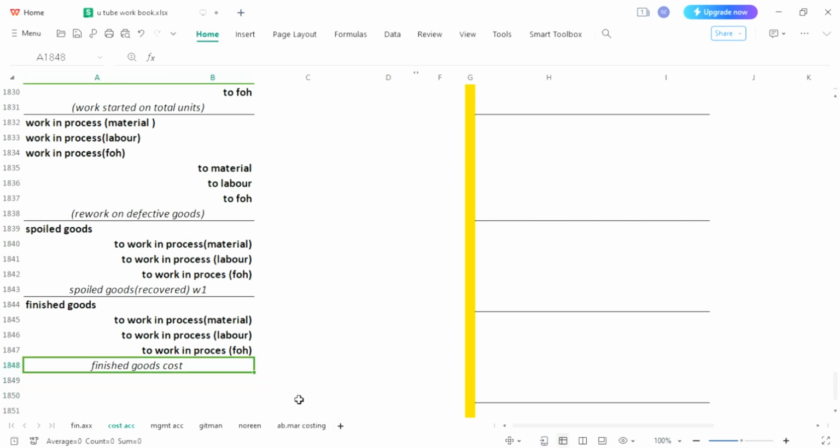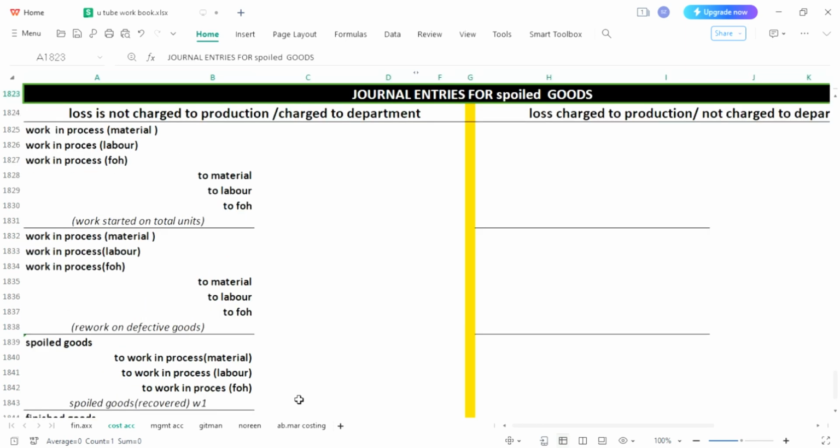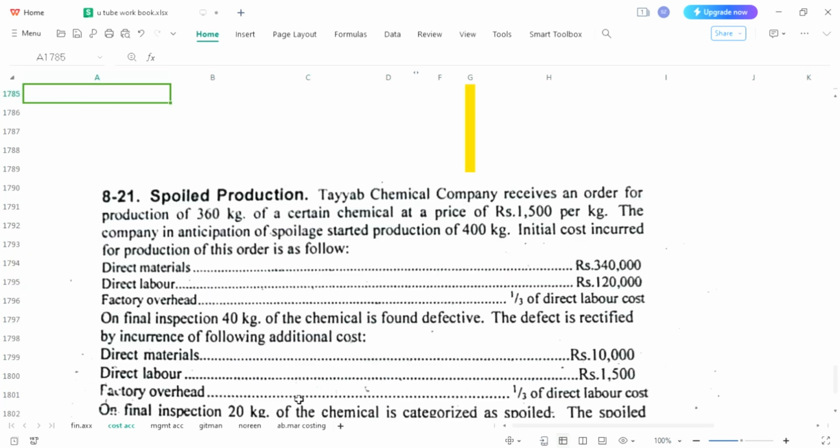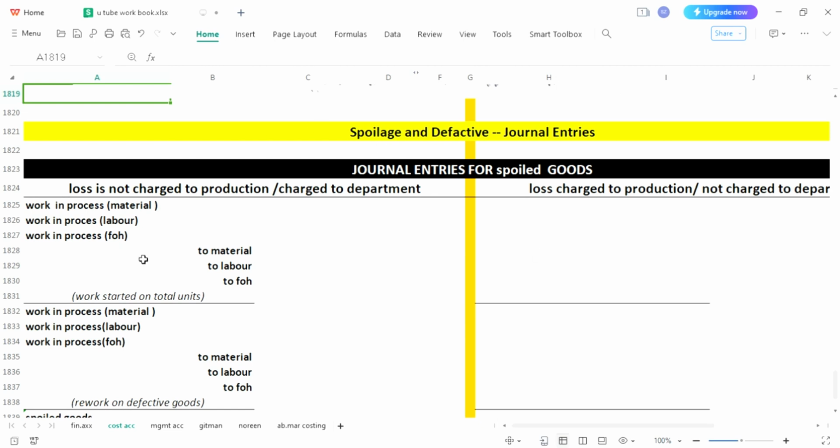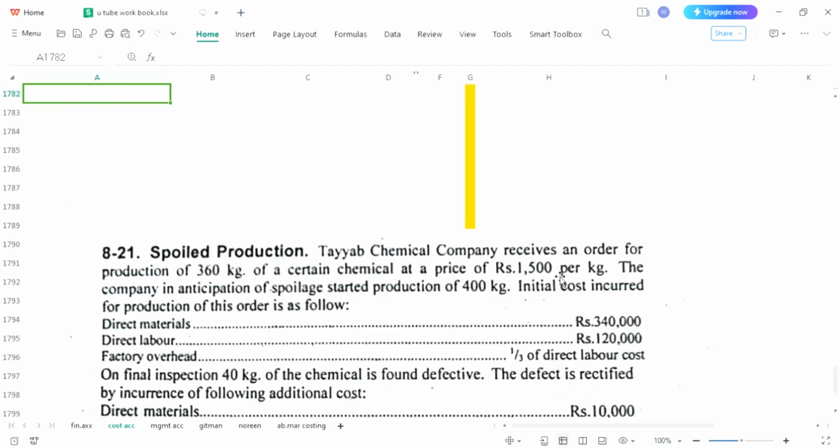As we have completed our journal entries, we will now be putting amounts on them. So we will go back to the question, and there is a surprise for you. We used to write the formula units multiplied by per unit to calculate the amount, but surprisingly the amount is already calculated.